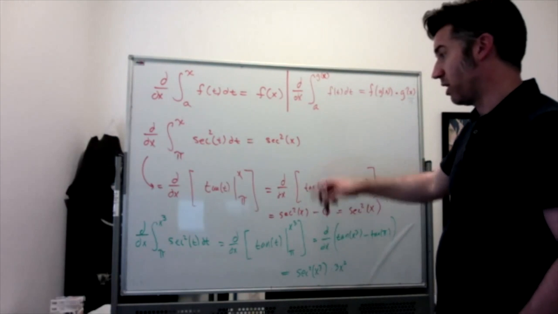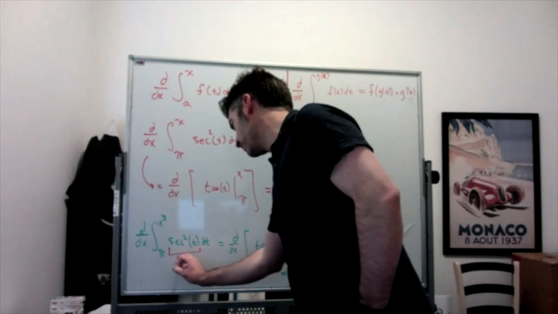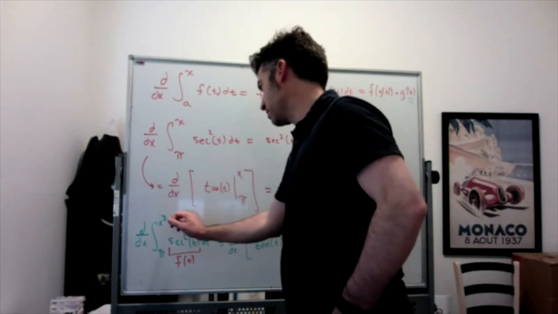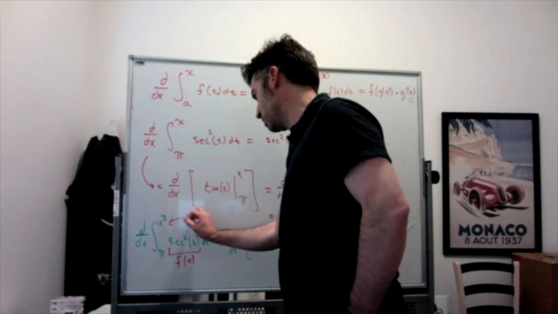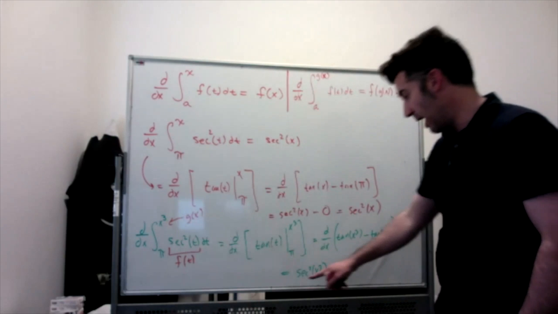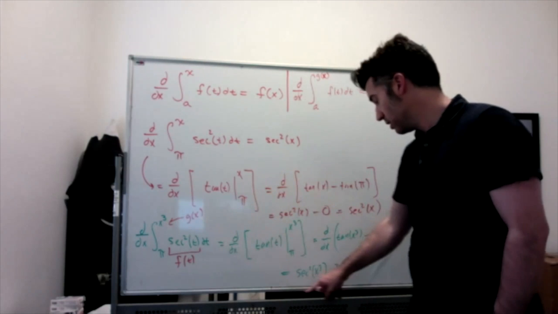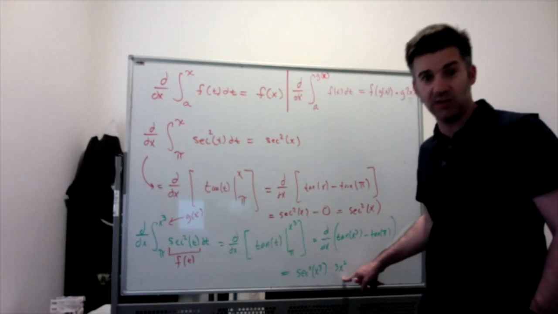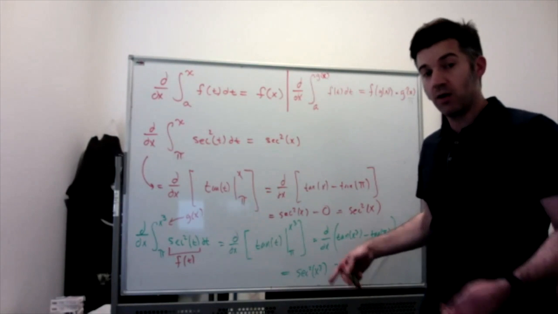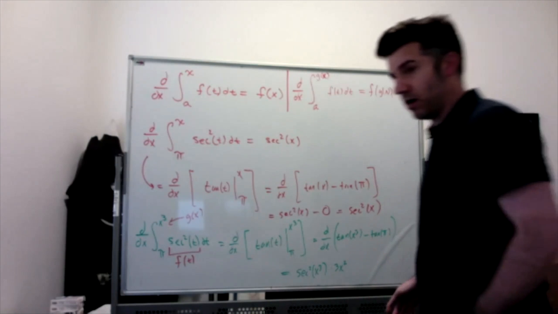So in this particular problem, secant squared of t, that's your f of t, and x cubed, that's your g of x. And at the very end, we get f of g of x, right, secant squared of x cubed, times the derivative of g of x, which is 3x squared. So we can use this to find other things.